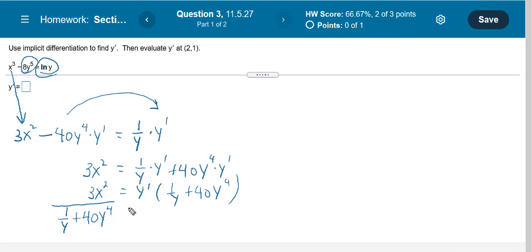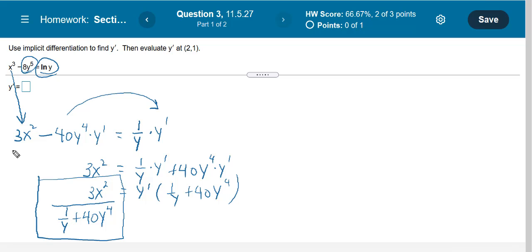Now, I'm not exactly sure if it's going to allow us to type this as is, but we can give it a try. However, I want to show you how to simplify this expression.